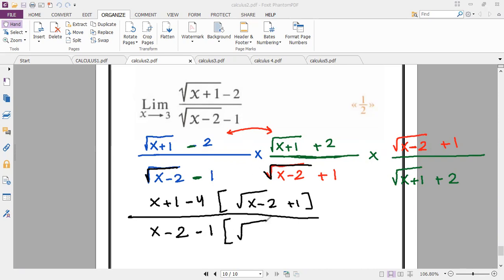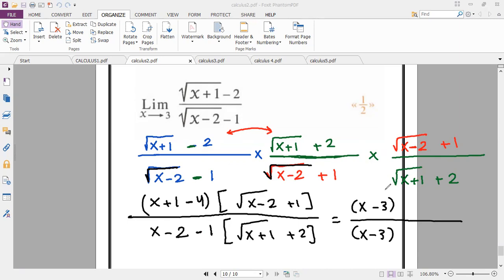And write the second, x plus 1 plus 2 equals x plus 1 minus 4. It will be x minus 3 at the top, all divided by x minus 2 minus 1. It's x minus 3 at the bottom, multiplied by the square root of x minus 2 plus 1 at the top, and the square root of x plus 1 plus 2 at the bottom. Cancel them out.